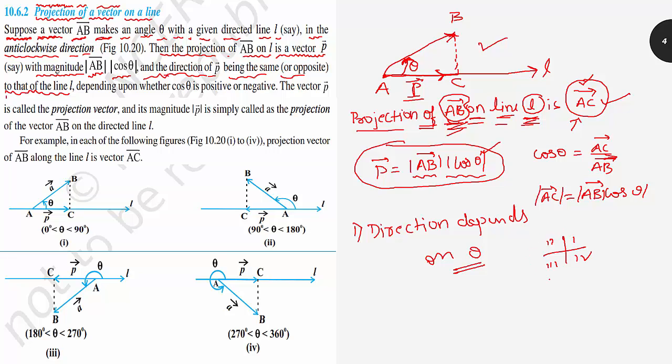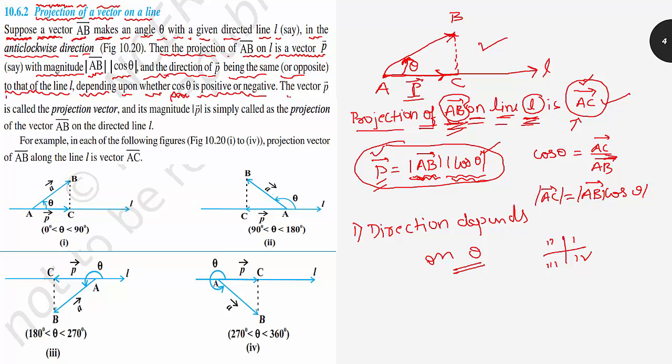As it goes on changing from first to second, second to third, third to fourth, the direction of P is going to change. That's all they are explaining here. It depends upon whether cos theta is positive or negative. First thing, projection of AB on line L is P, that is mod of AB mod of cos theta, and the next one is the direction of P depends on this cos theta.